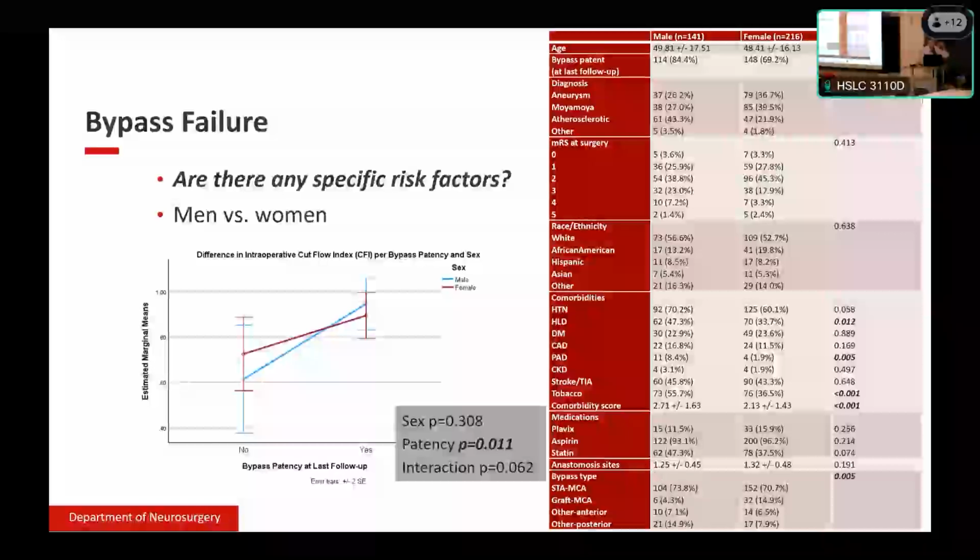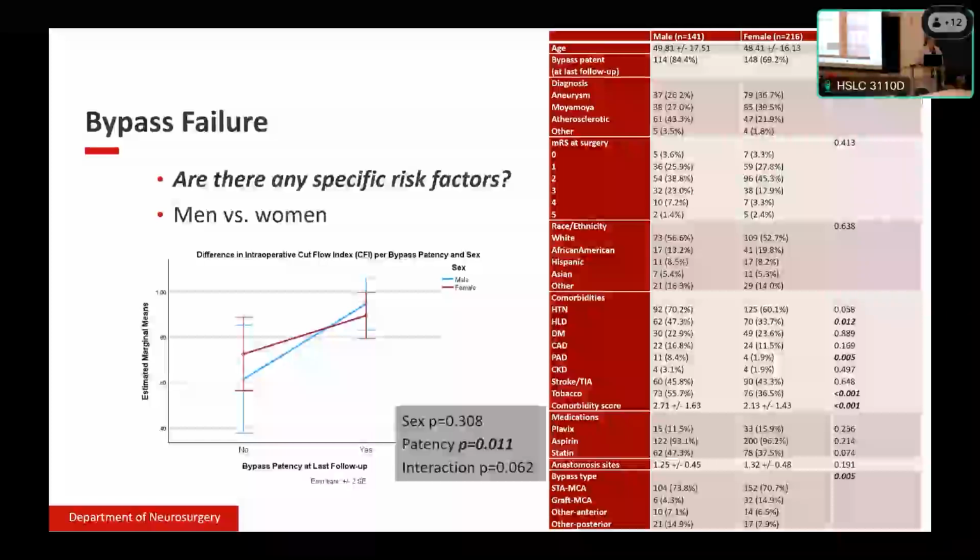So on a second analysis that I don't have the table displayed for, I did only look at STA-MCA bypasses as well. But this table looked almost identical between men and women. Men just had more cardiovascular risk factors. Women had less. Women, in fact, used more aspirin and Plavix compared to men when I looked at the STA-MCA bypasses only.